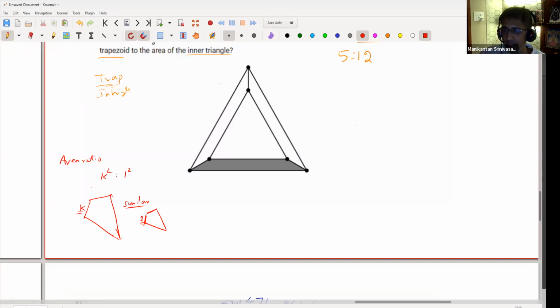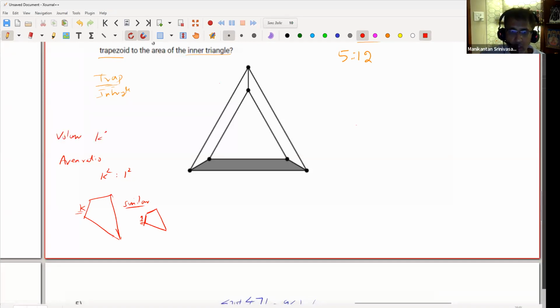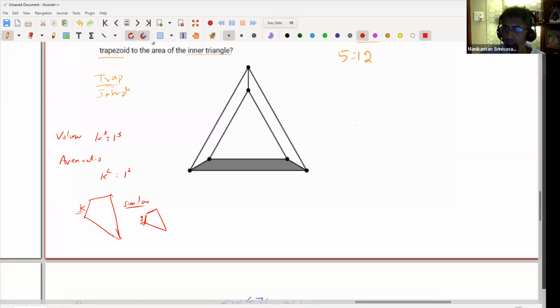So in a linear dimension, if the ratio of two similar figures is k is to 1 or a is to b, whatever, then the area ratio will be k square is to 1 square or a square is to b square. Whatever the ratio is, you just have to square to find the area. And you can extend it to volume also. The volume ratio will be k cubed is to 1 cubed if it's a 3-dimensional object.